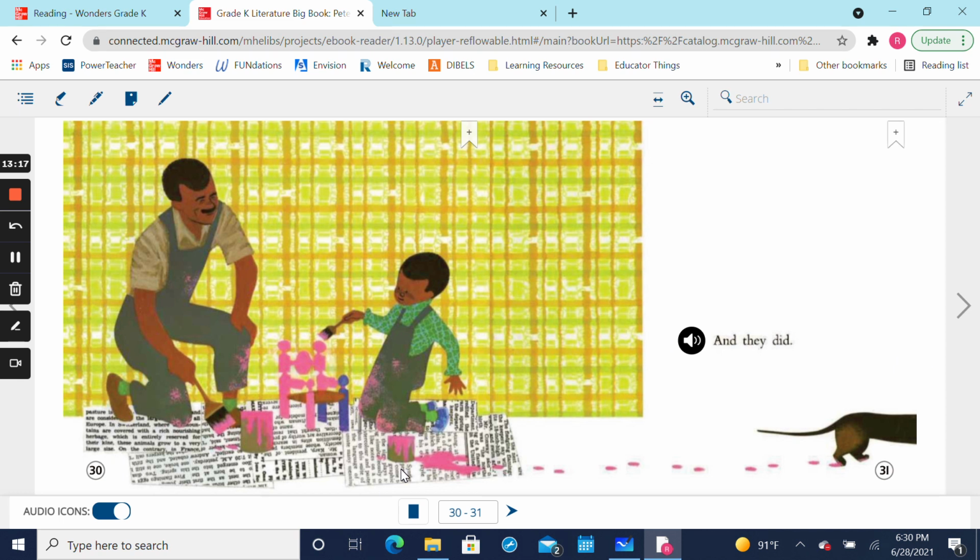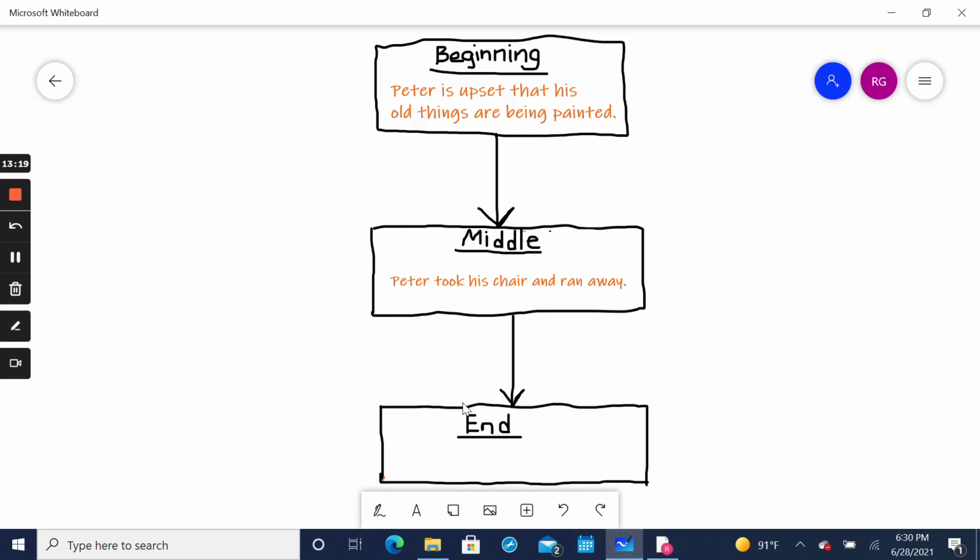So we can put this in our chart. So at the end of the story, Peter came home and painted the chair with Dad.